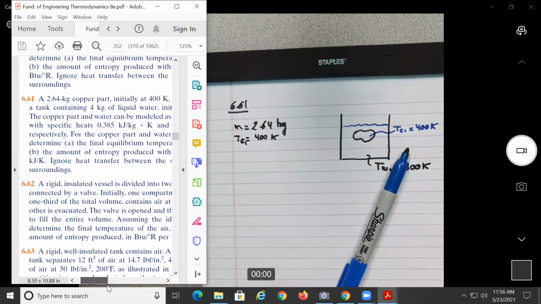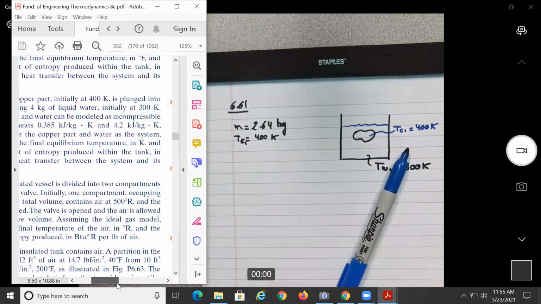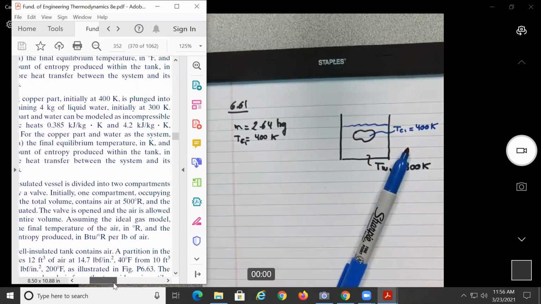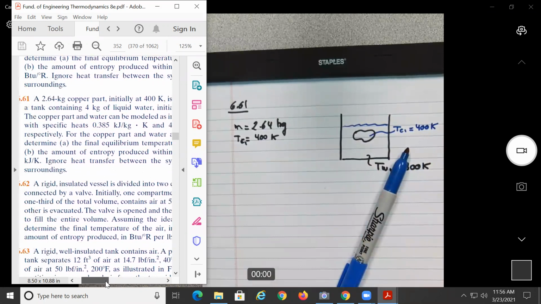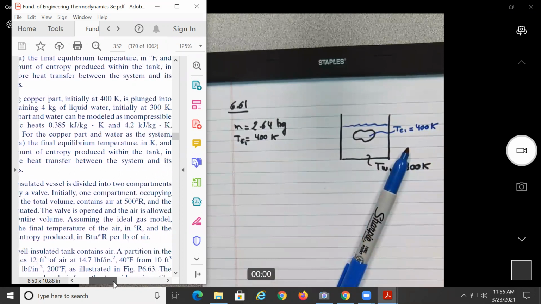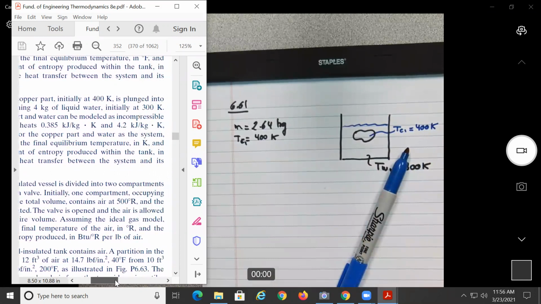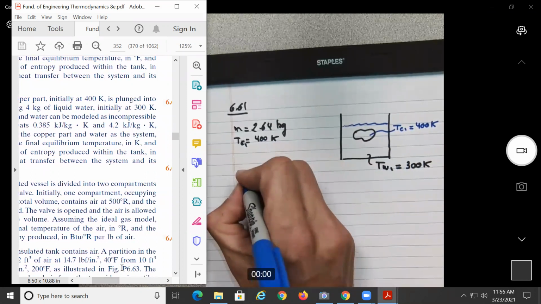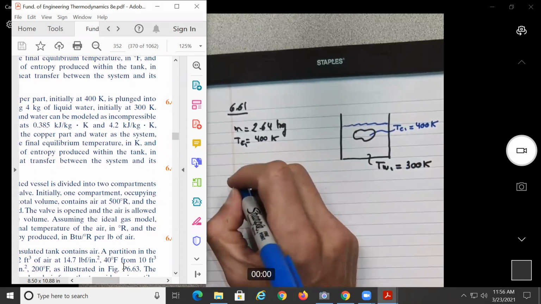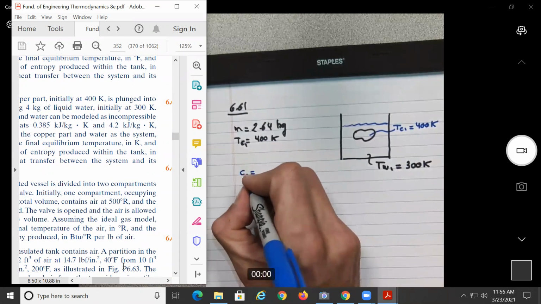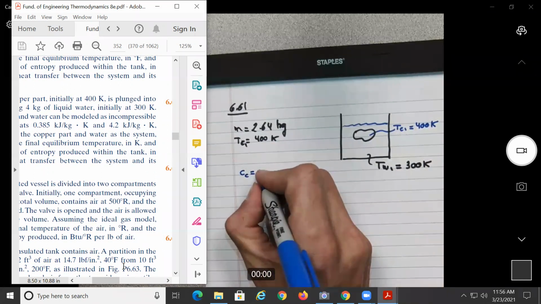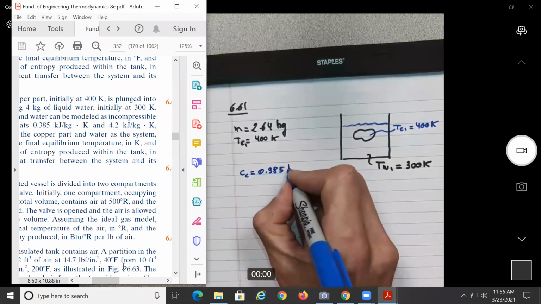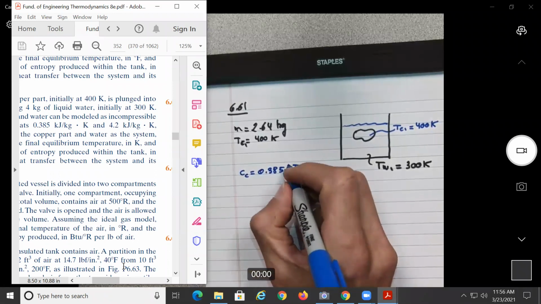The copper part and water can be modeled as incompressible with specific heat. So for the copper part, C sub C of the copper will be 0.385 kilojoules per kilogram Kelvin.